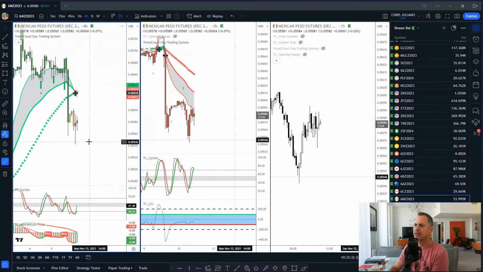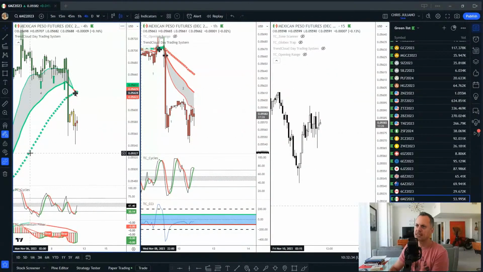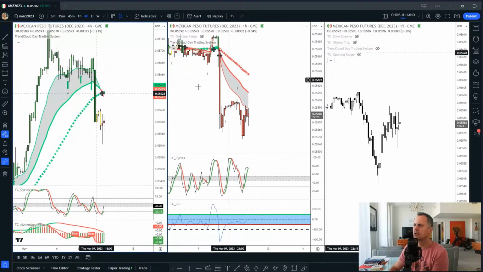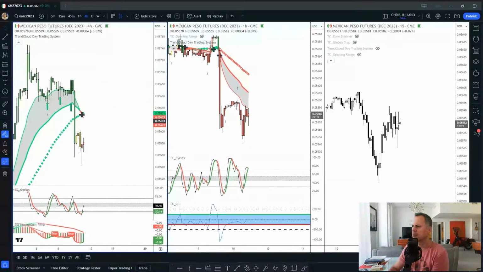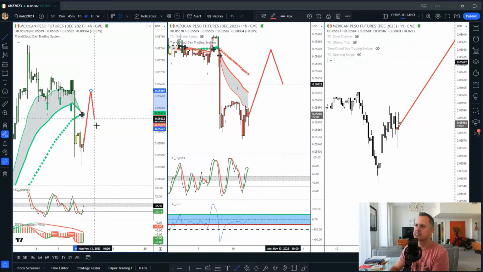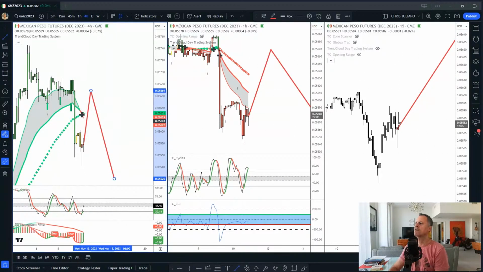See how that trend cloud is still green? Okay, trend cloud is still green, and with this type of momentum on the high time frame, it could mean something like this, right? So you see how you put everything together, and you can sort of predict or speculate, right?